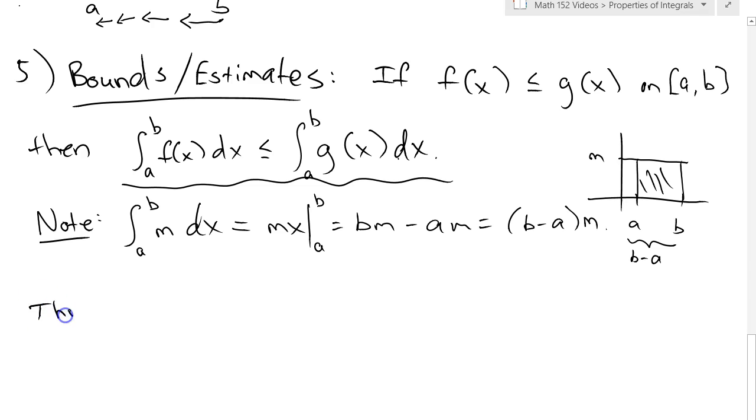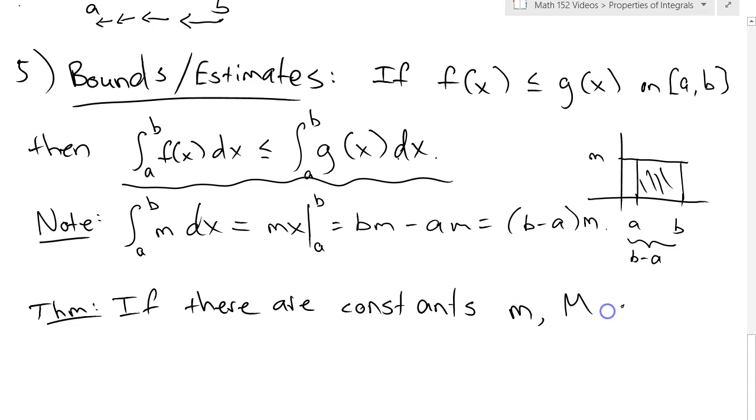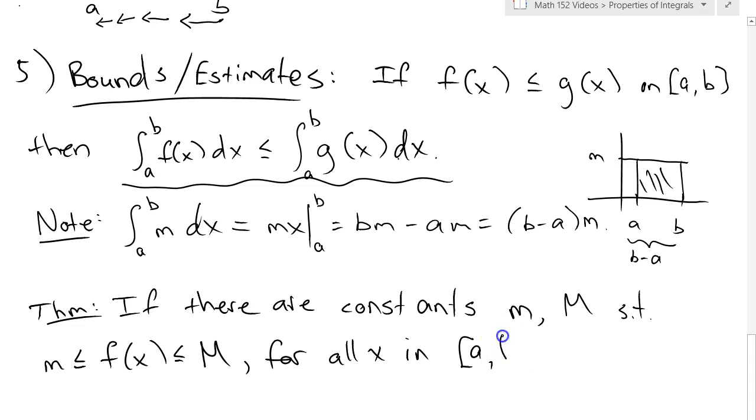Okay, so the theorem is this. If there are numbers, or we'll call them constants, there are constants, little m and big M, such that, remember s.t. always means such that, m is less than or equal to f of x is less than or equal to big M for all x in the interval from a to b, then all you need to do is integrate those things.